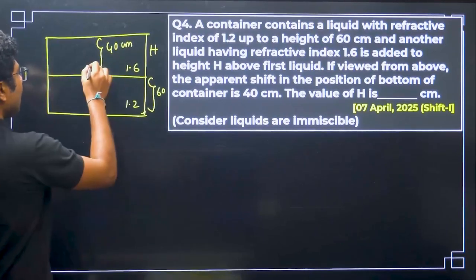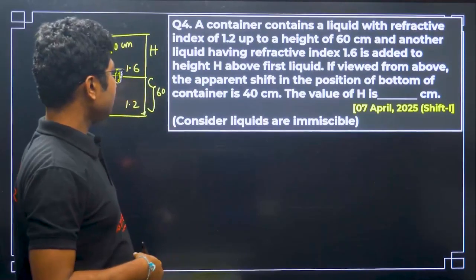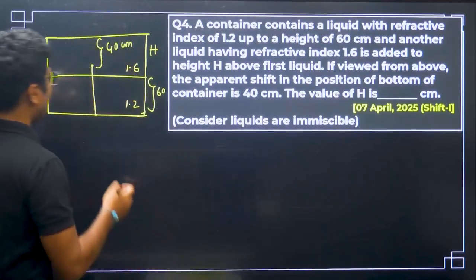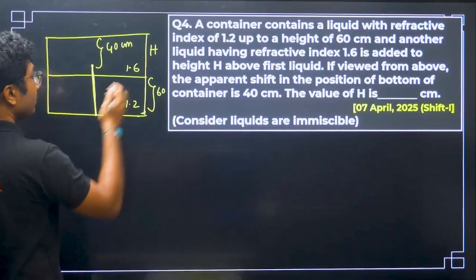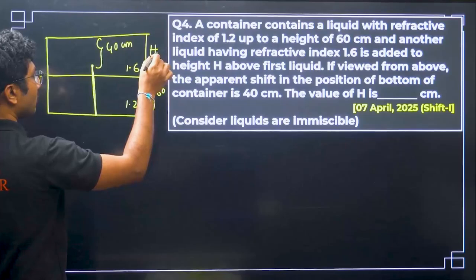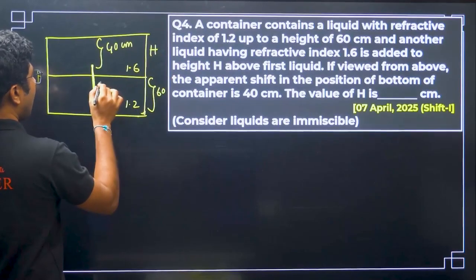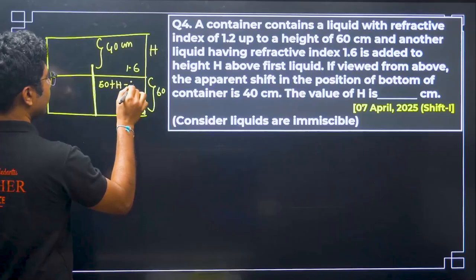So what is the shift? What is the apparent shift from the bottom? The apparent shift from the bottom will be 60 plus h minus 40.